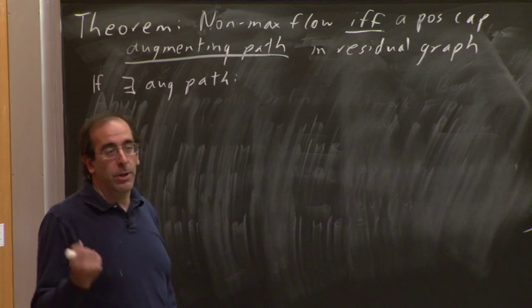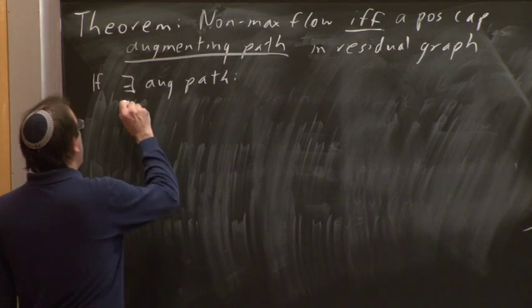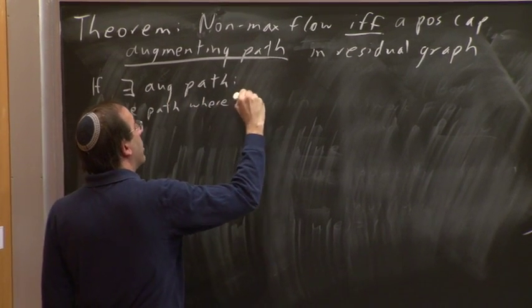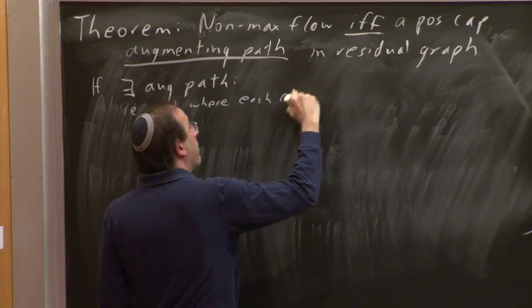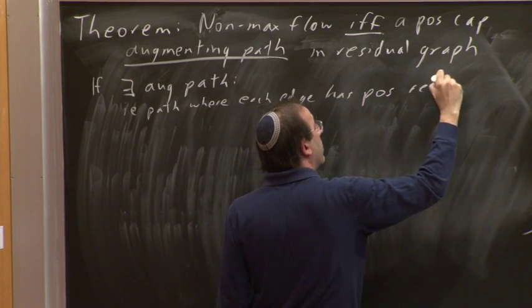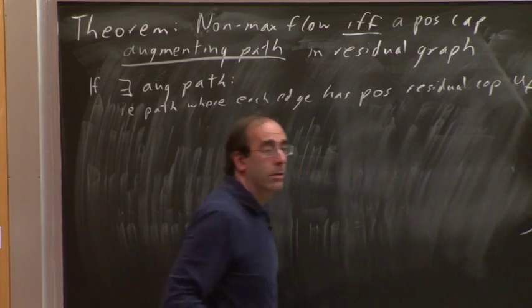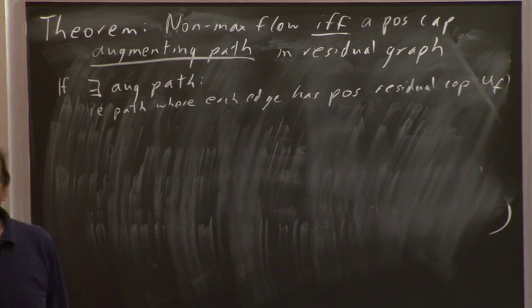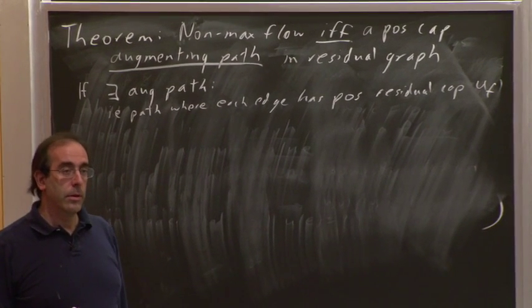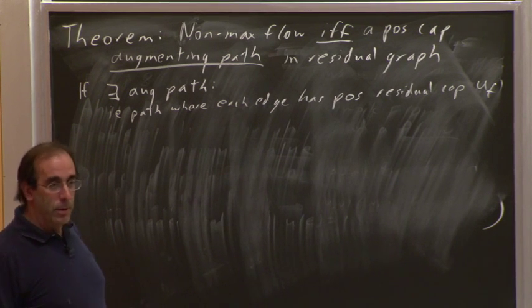How much flow? So I've got this augmenting path. What does that mean? That means that there's a path where each edge has positive residual capacity, u sub f. Construct the flow the same way in the residual graph, and then add that flow to the original graph.